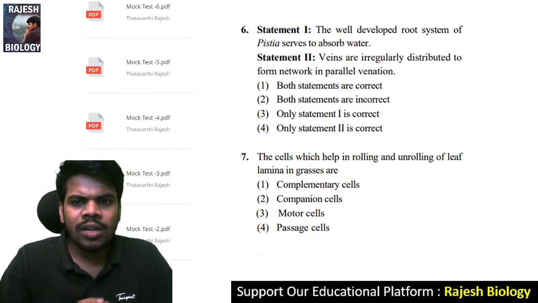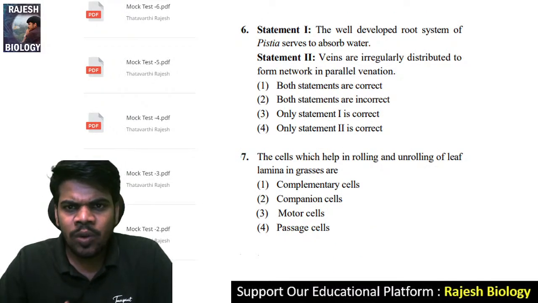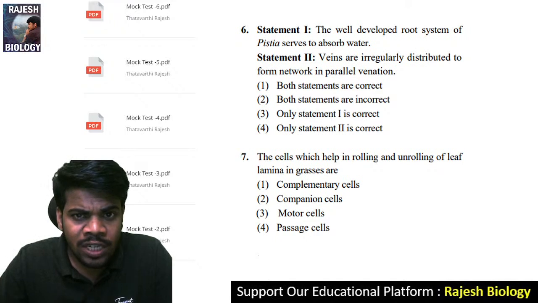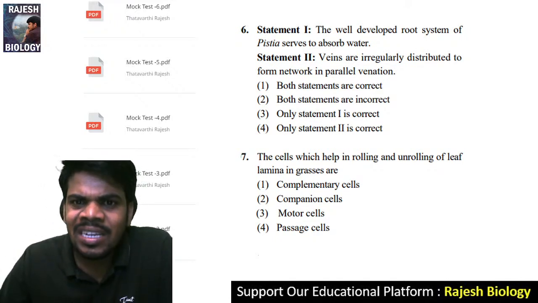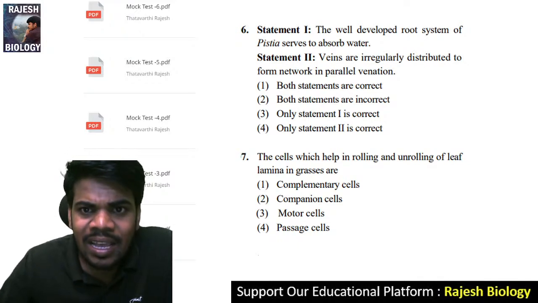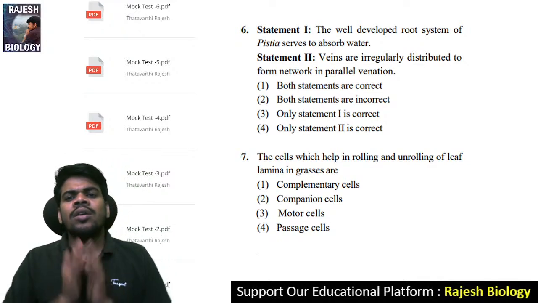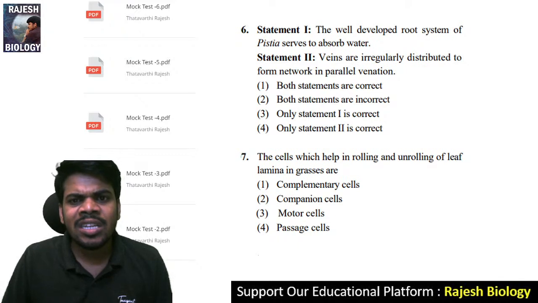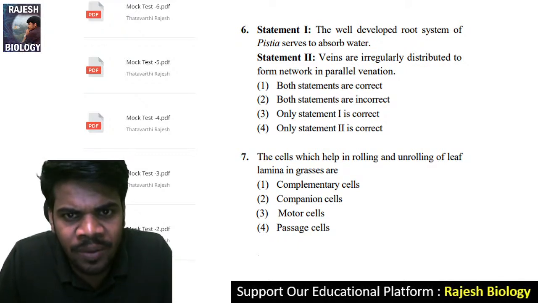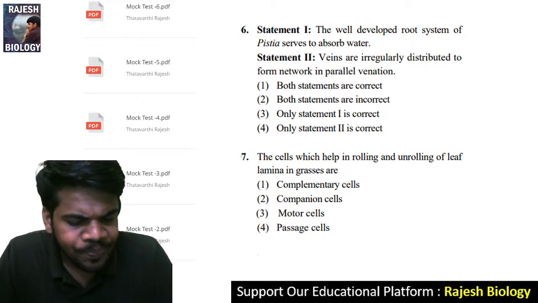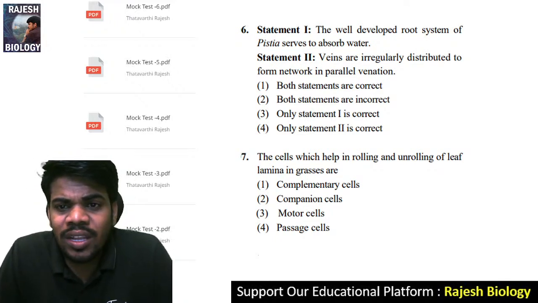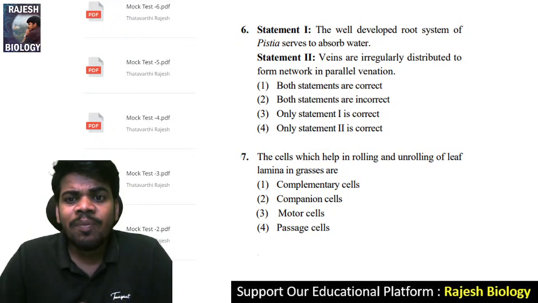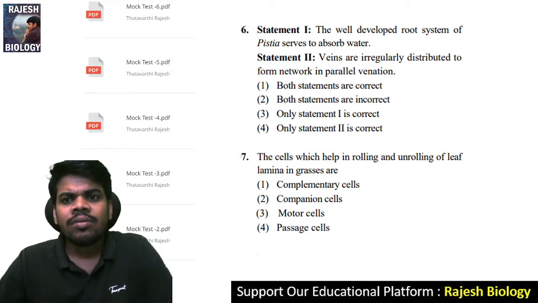Now come to question number 6. Statement 1: the well-developed root system of Pistia serves to absorb water. That is statement number 1. Statement 2: veins are irregularly distributed to form network in parallel venation.